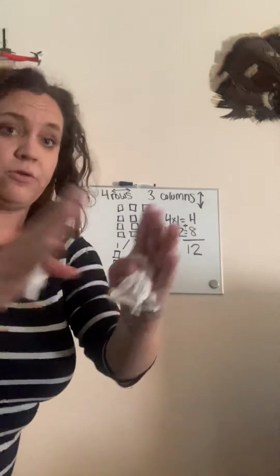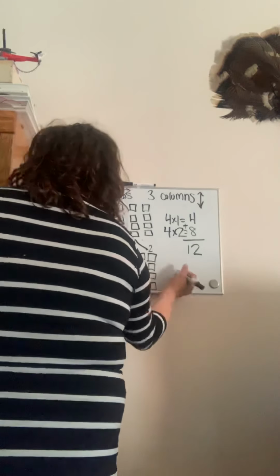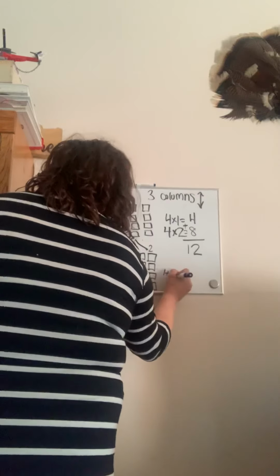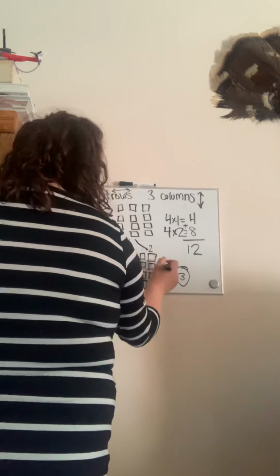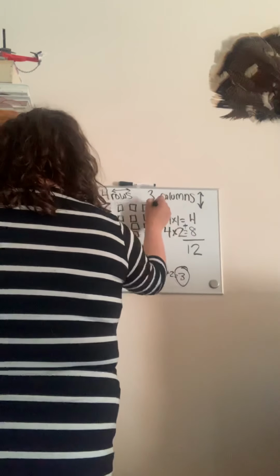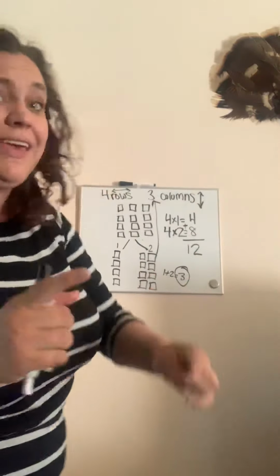I just broke them apart. So I have my 1 column and my 2 columns. Well, easy math. 1 plus 2 equals 3. This 3 columns, 1, 2, 3 columns, represents this right here. So we didn't add to the array. We didn't take away from the array. We just broke it apart to make the math a little bit easier.